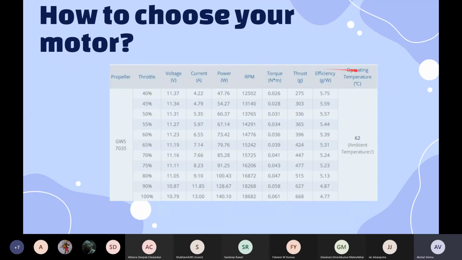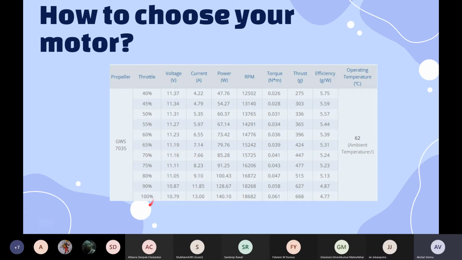So this is a particular sheet which provides us the analysis of a motor, the different parameters of a motor. One thing I would like to note here is to focus on throttle. What does throttle mean? Throttle means how much percentage of the actual power of the motor we are using.